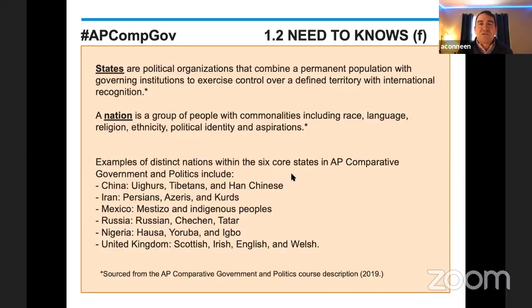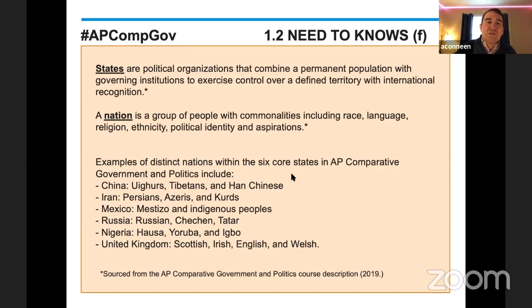In Russia, we're talking about the difference between Russians and the Chechens down in the Caucasus region of Russia, who tend to be Islamic, and the Tartars. And in Nigeria, you have key different nations, including the Hausa, the Yoruba, and the Igbo, who predominantly live in different parts of Nigeria. And with the United Kingdom, you could actually use the word nation to describe the Scottish, the Irish, the English, and the Welsh.